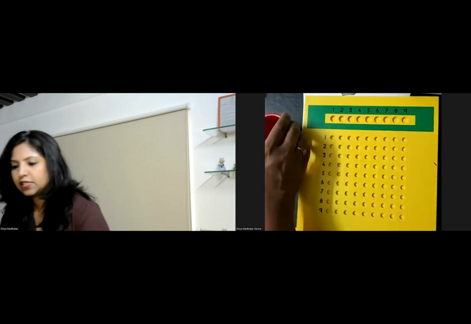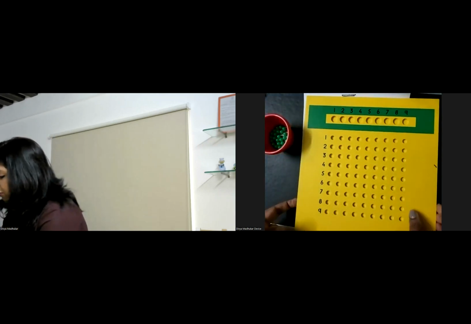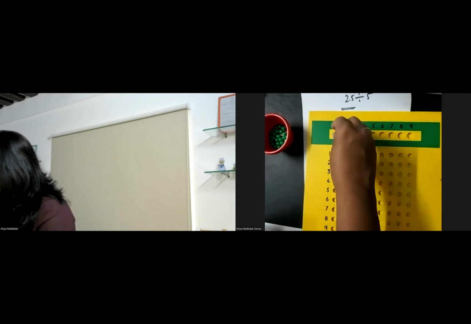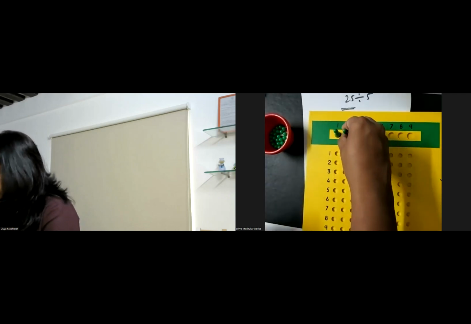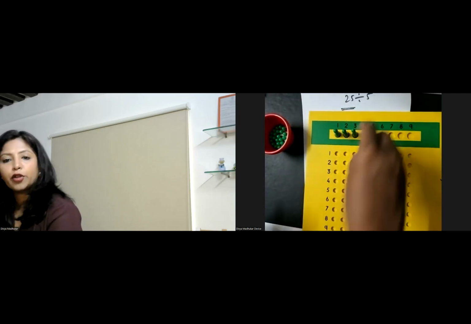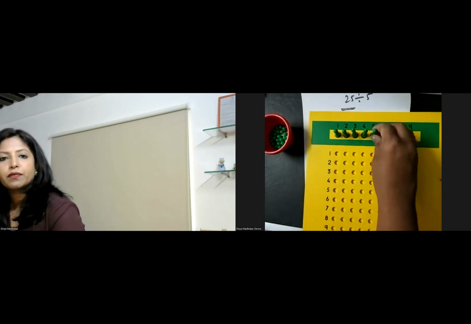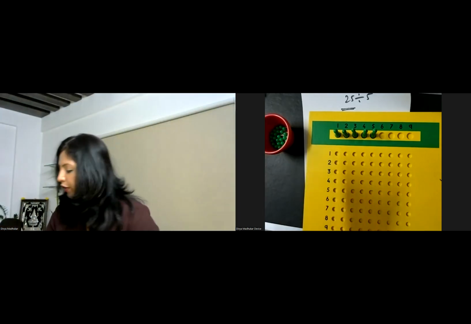I put my divisors here. So I have 5 of them, and I'm going to be putting all 5 of them over here.